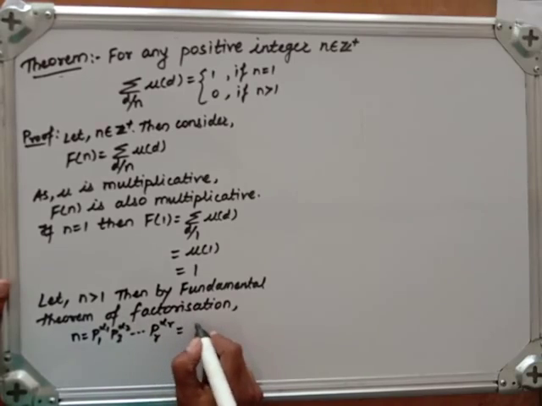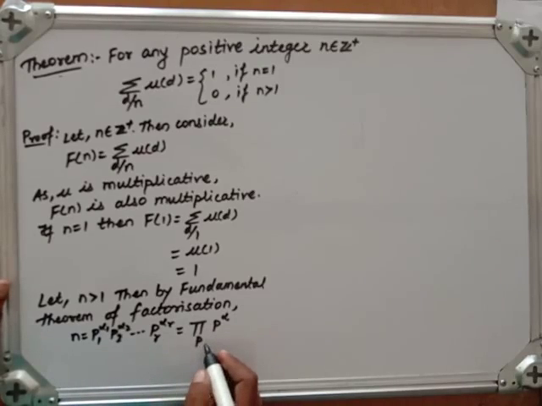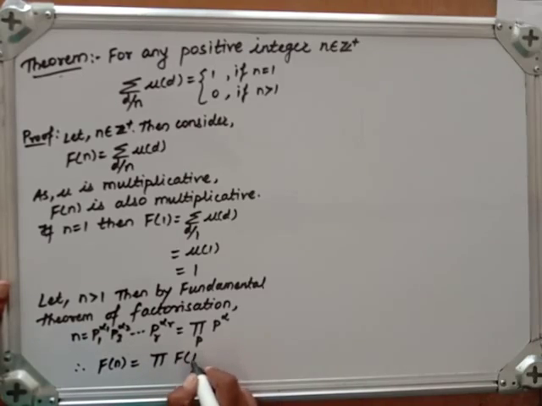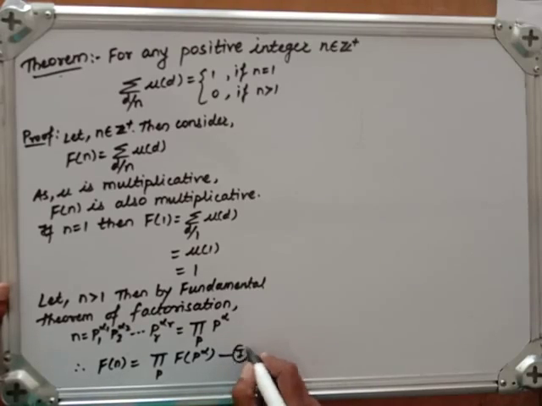That is equal to the product of p raised to alpha of p. Now from this, Fn will be the product of F of p raised to alpha over p. Call it equation number 1.